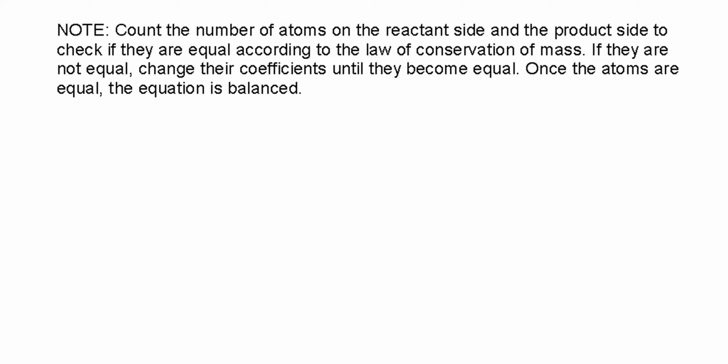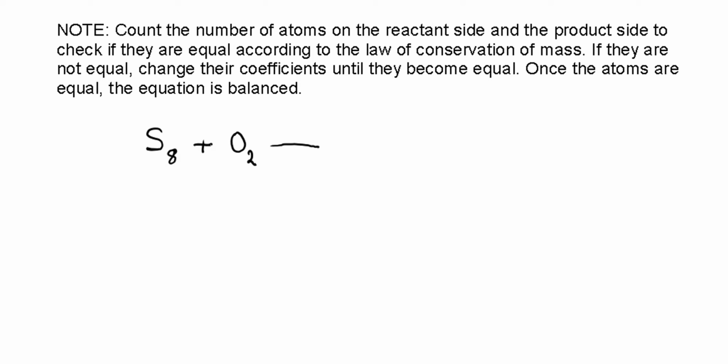Let's apply this and see how it goes. Let's take the same equation. We have sulfur. 8 is the atomic number of sulfur in this equation. We have oxygen with atomic number 2.